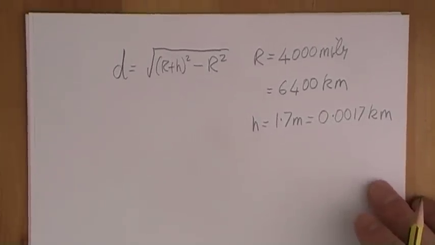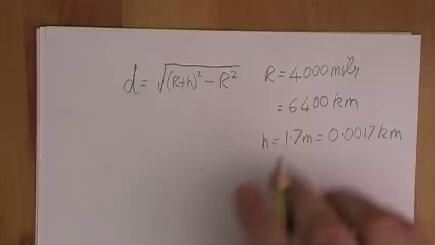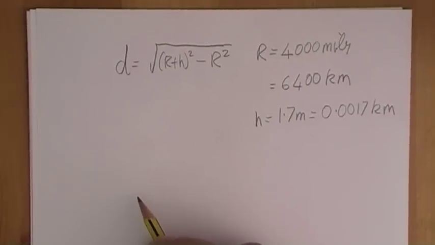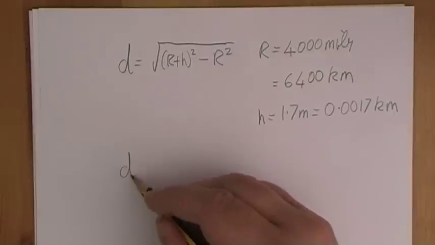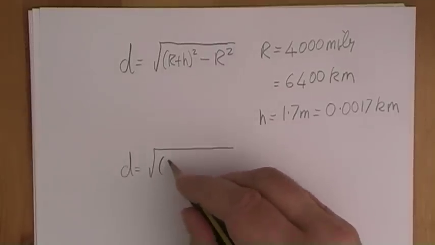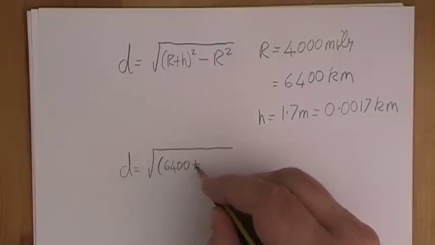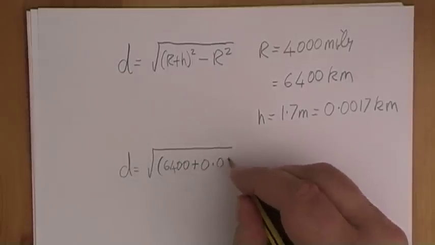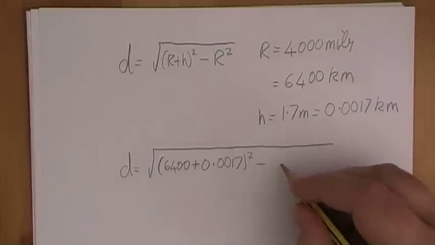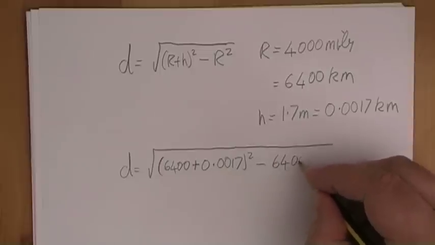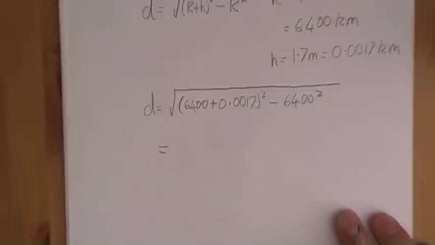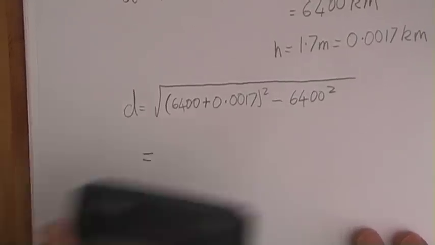I think I'm drawing a little bit squint for you. Okay, so let's put those numbers in. So we get that D is the square root of 6,400 plus 0.0017 squared minus 6,400 squared. Let me use the calculator.